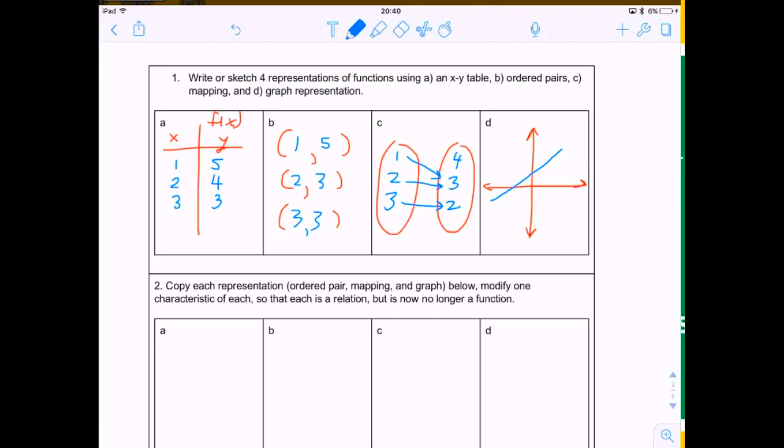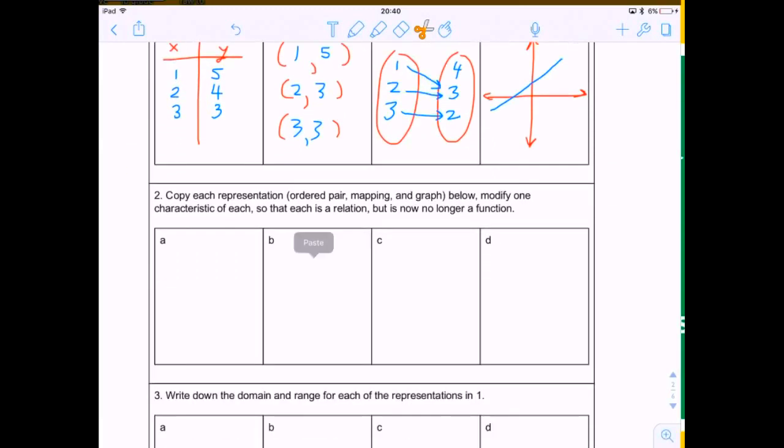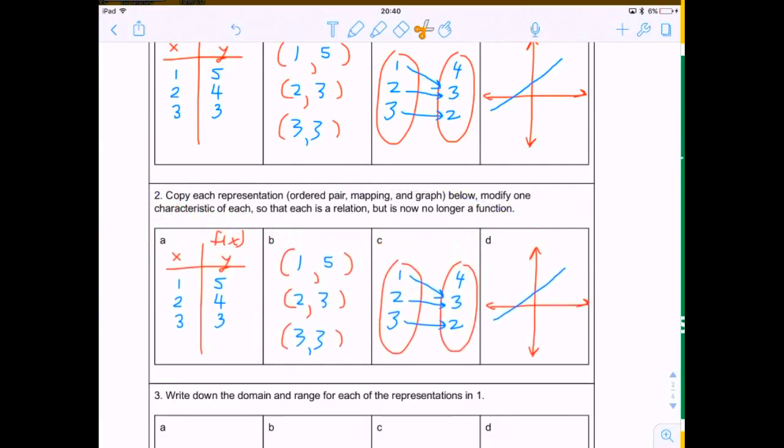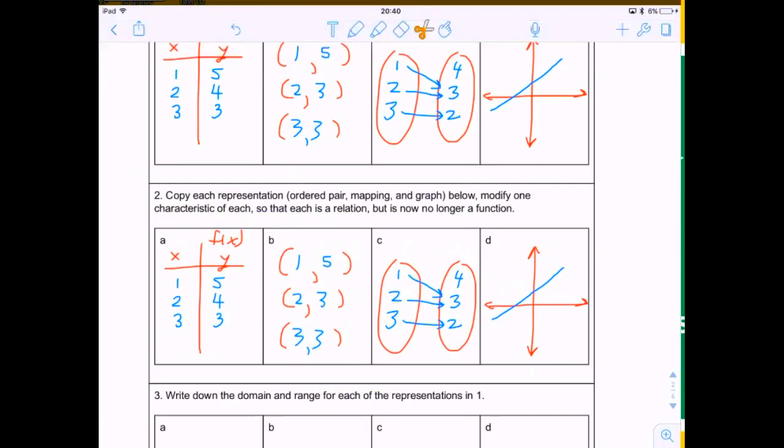First it says to copy each representation from the top. I'm just going to put it down here. Okay, and it says to modify one characteristic of each, so that each one is no longer a function; it's just a relation.